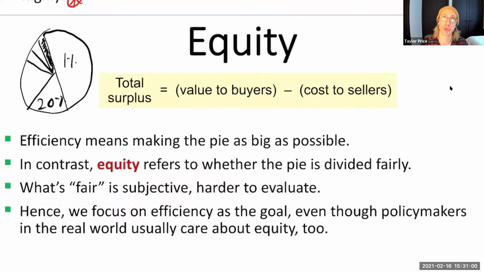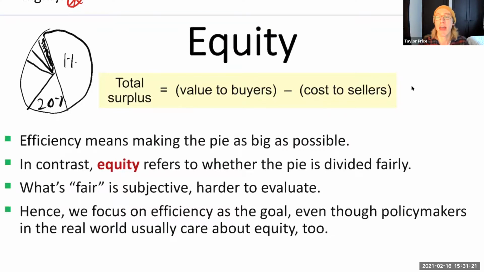It's harder to evaluate if something's fair because depending on someone's political leanings or how they look at the world, they may judge something as being fair, whereas other people would say that's not fair. So that's kind of why equity is a little bit squishy.